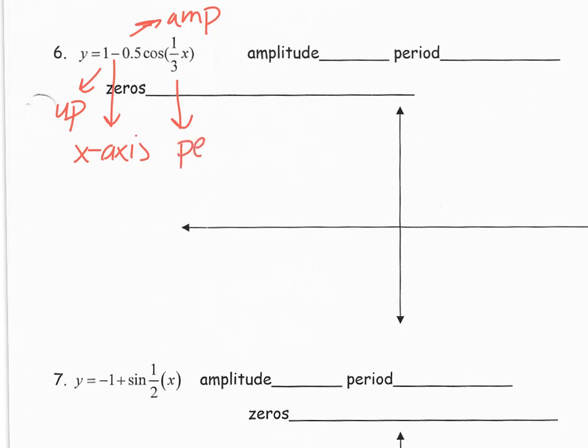Period is your original period 2 pi divided by the coefficient of x. So for this problem, when I do a little flip and multiply, I get a period of 6 pi, so it's stretching it out. Okay, so if I put that up in the blank here, so it's ready to go for later, 6 pi. And then the amplitude would just be 0.5. And the zeros we'll take a look at in a minute here.